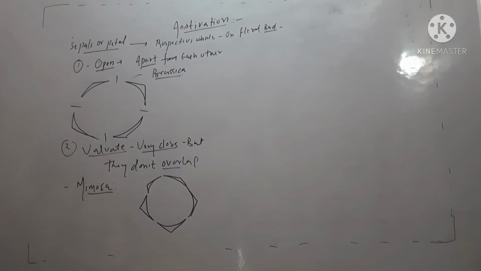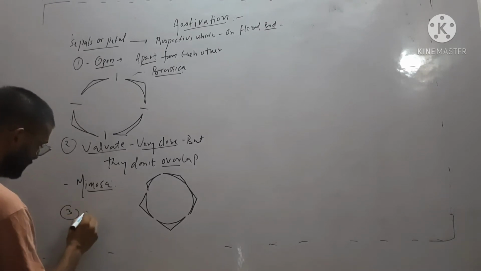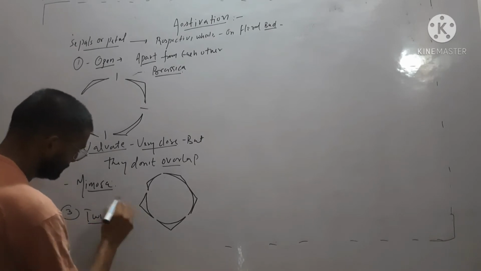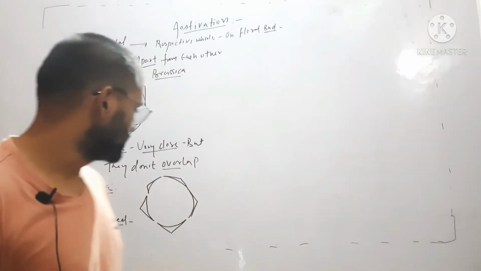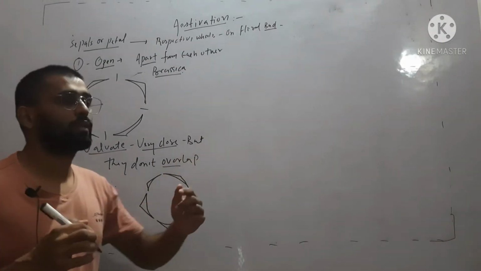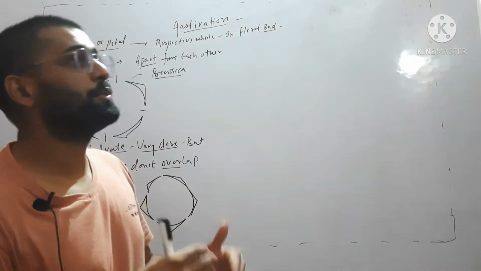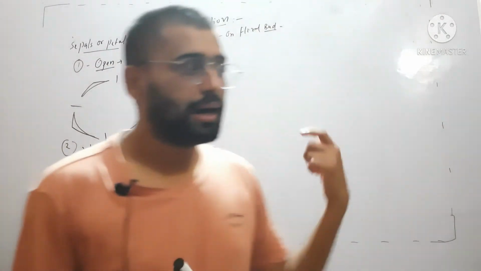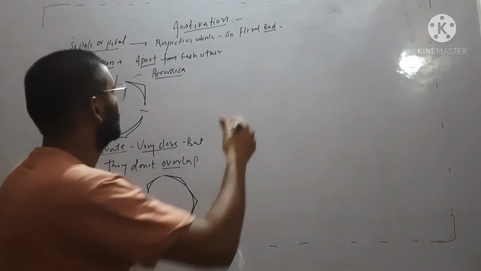And the third one is the twisted type of estivation. In twisted estivation, one margin of one petal or sepal overlaps the margin of another petal or sepal, and the other petal or sepal overlaps the preceding one, like this.